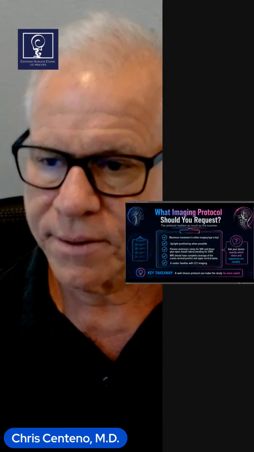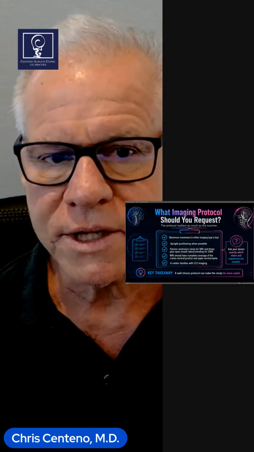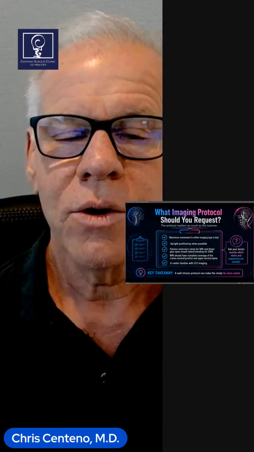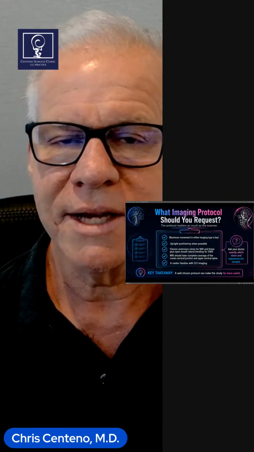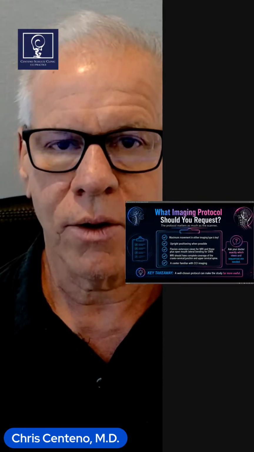So let's start this. Which imaging test is needed to diagnose CCI? There are some common rules we're looking for in imaging tests for CCI. The first biggest rule is that we need movement-based imaging. That is critical.